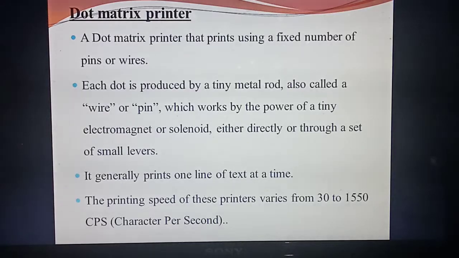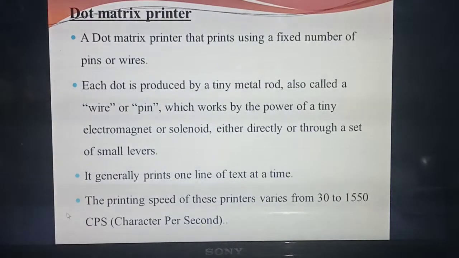Using this dot matrix printer, you can print only one line of text at a time. What's the printing speed? 32 to 550 characters per second. Okay.